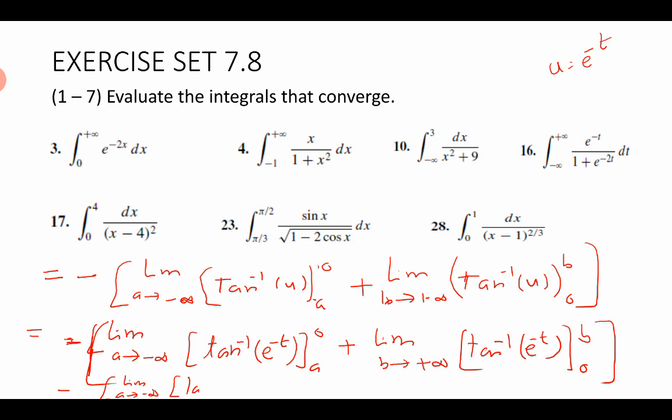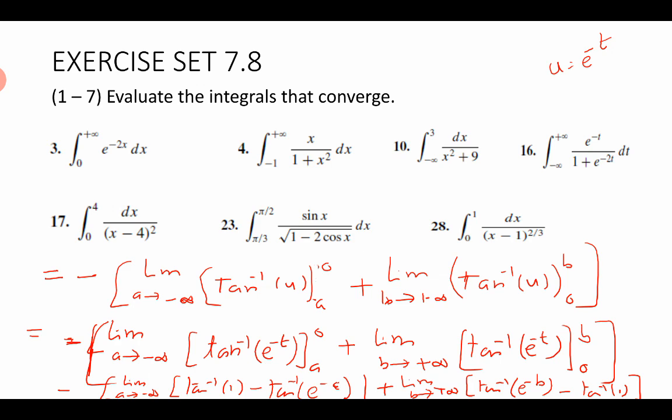So here tan inverse 1 minus tan inverse e raised to minus a, the limit e raised to minus a, plus this is also here limit b approaches positive infinity, tan inverse e raised to minus b minus e raised to 0 is 1, tan inverse 1.